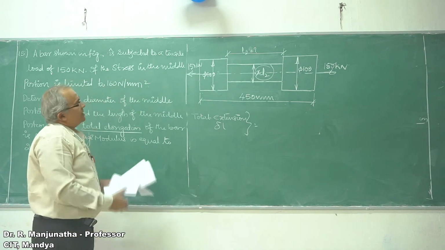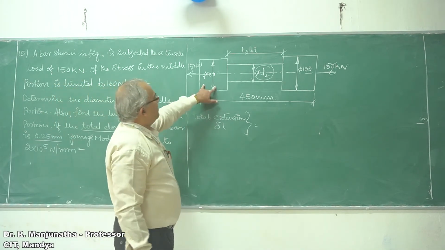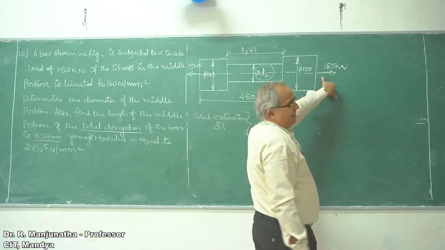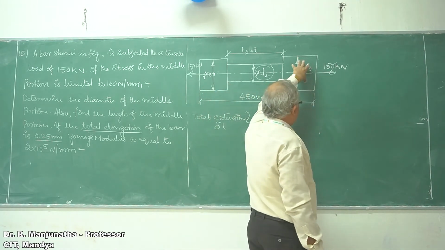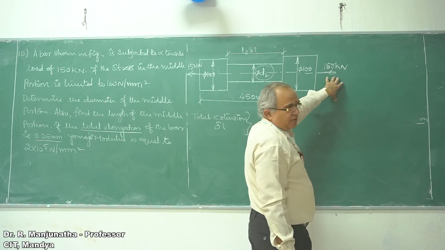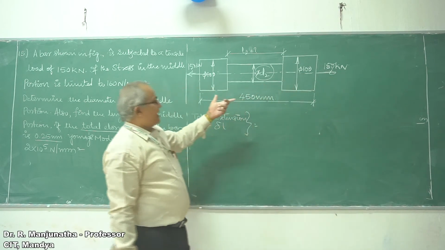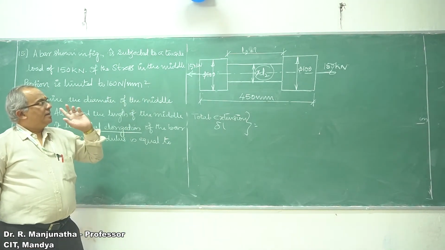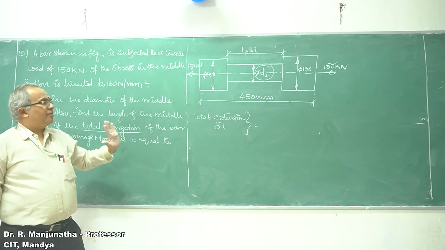Here the diameter is the same in both the sections and the load is also the same, and since the diameter is the same, the area of cross section will remain the same, the load is the same, and the Young's modulus is the same for all the material.